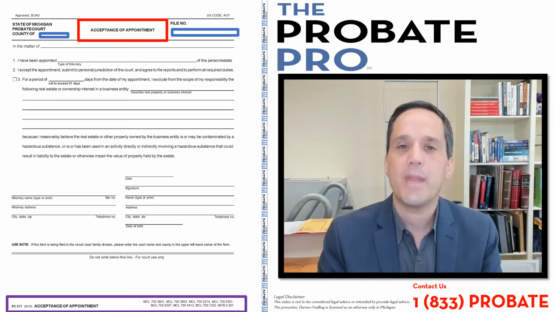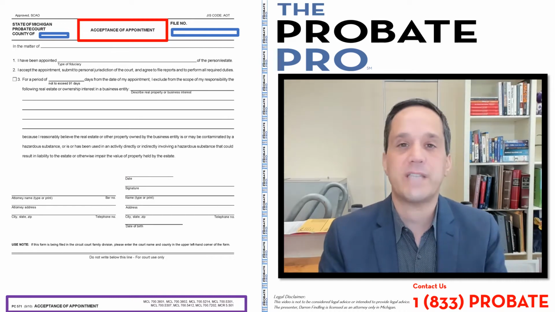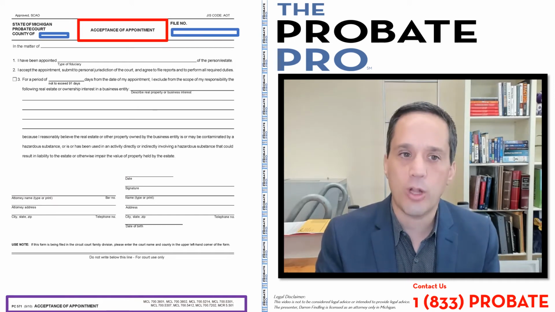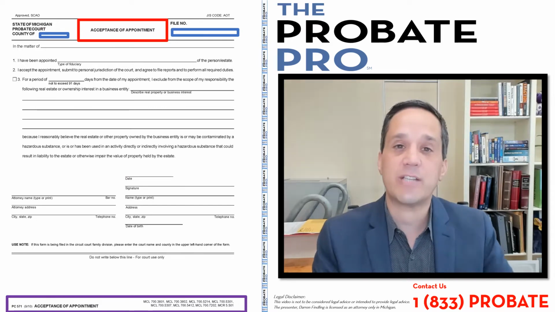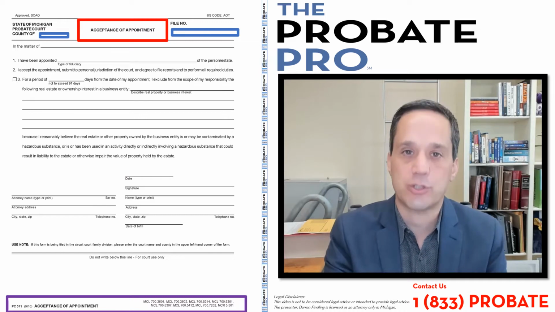So, for example, if there are assets that are part of the deceased estate that are, for example, very risky to be administering, you can exclude the scope of your role as it relates to those particular assets. Now, the statute 700.3601 is quite extensive. I've only scratched the surface of it.